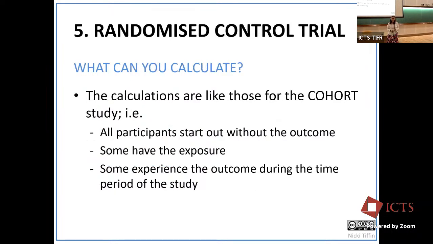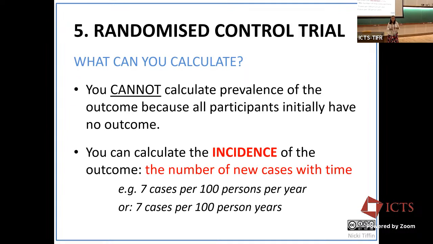So the calculations are like those for the cohort study. All the participants start out without the outcome, then some receive the exposure, and then some will experience the outcome during the time period of the study. So you can calculate the incidence, you can't calculate the prevalence, and you can measure the number of new cases that occur with time in people with the exposure, people without the exposure.